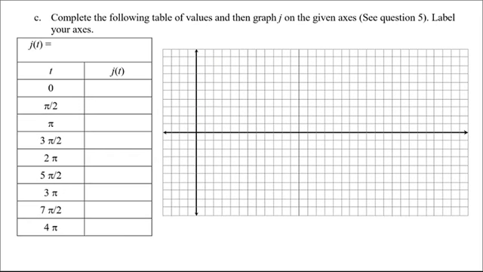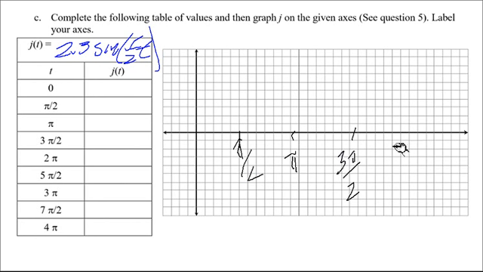Now, for j of t, which was 2.3 sine of 1/2 t, we'll say that's pi over 2, this is pi, this is 3 pi over 2, this would be our 2 pi and so forth.